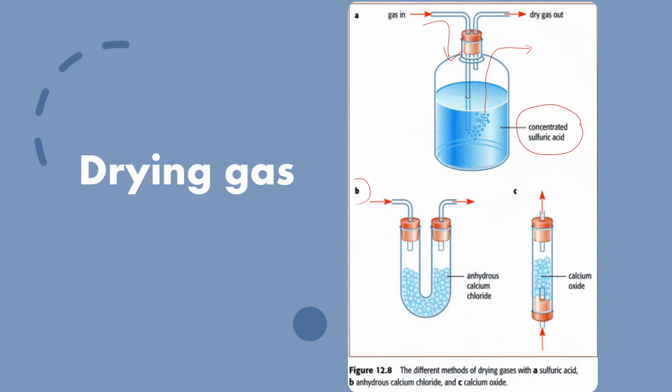The second, we use anhydrous calcium chloride, CaCl2. Then the water will be absorbed by CaCl2 to form CaCl2 with H2O, or hydrated calcium chloride.